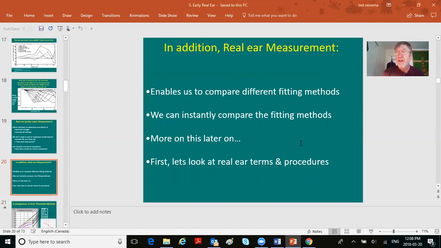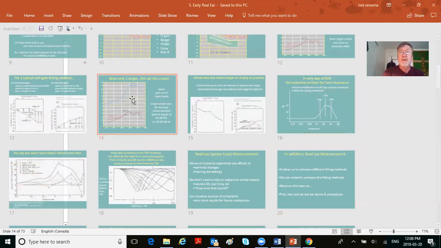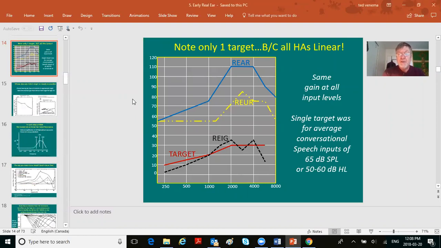In addition, real ear measurement lets you compare different fitting methods instantly. You can look at the targets for Burger. In other words, I'll show you the slide here. So this may be the half gain target in red. Well, if you wanted to see the Burger target, you just pull down a menu on your screen, Burger, and instantly this red line would change.